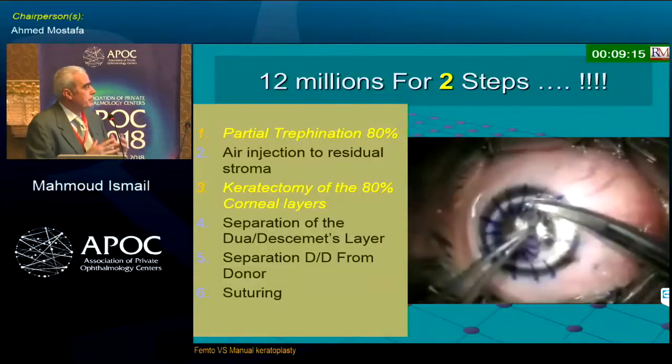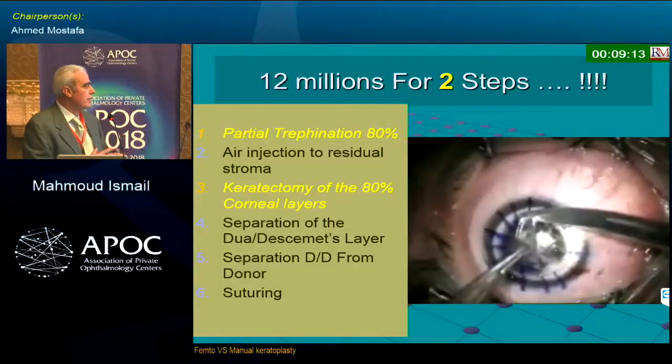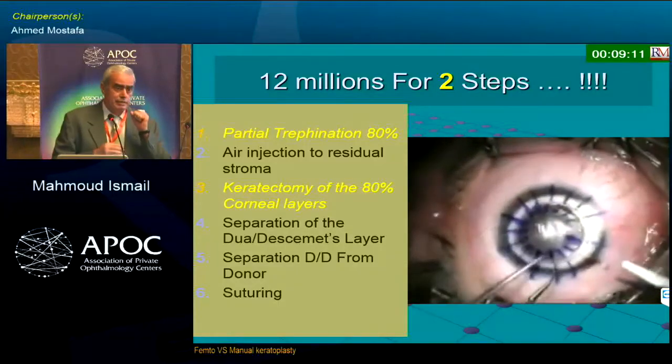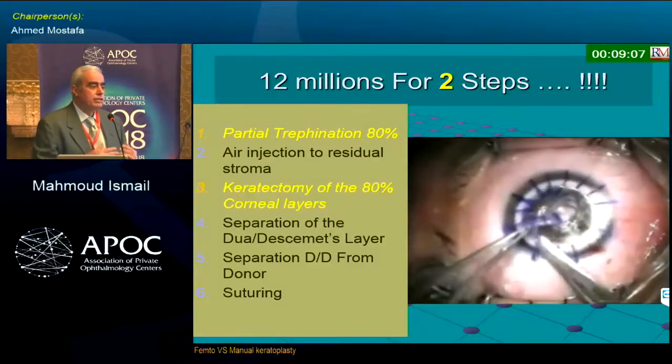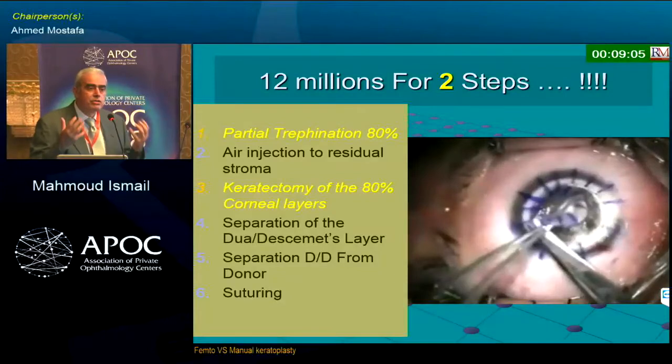And the rest of the steps, the separation of the Descemet membrane from the donor, and the sutures, these are the major steps, and the injection of air to produce the big bubble. The injection of air, ya Dr. Riyad, to do the big bubble technique.